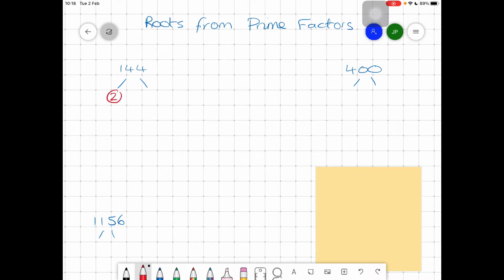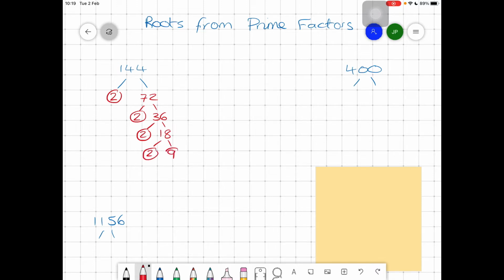Okay, so 144 I know is even, so 2 will definitely go in as one of my prime factors. So it would be 2 times 72. 72 definitely isn't a prime factor, so we can go 2 again, because I know it's even, and 36. Again, 36, definitely not prime, but it is even, so I can split by 2 again, and I will go 2 and 18. Still even, so I just keep halving.